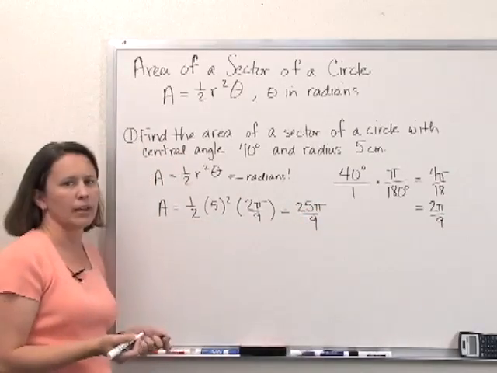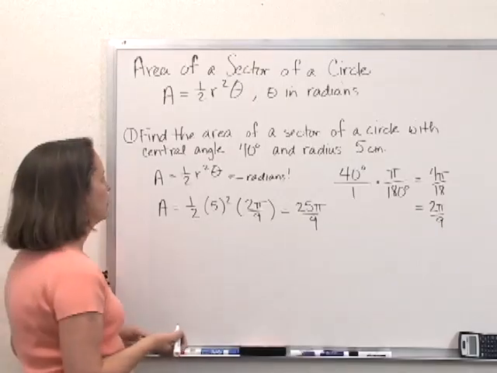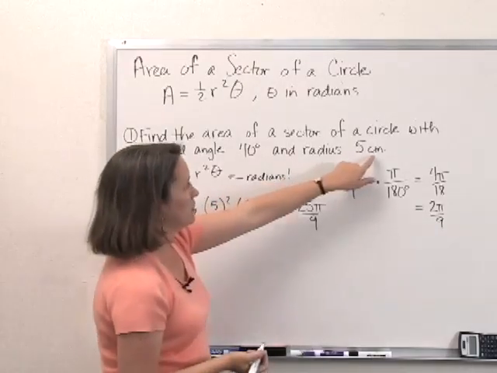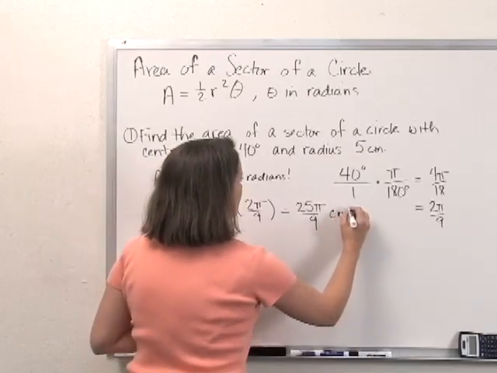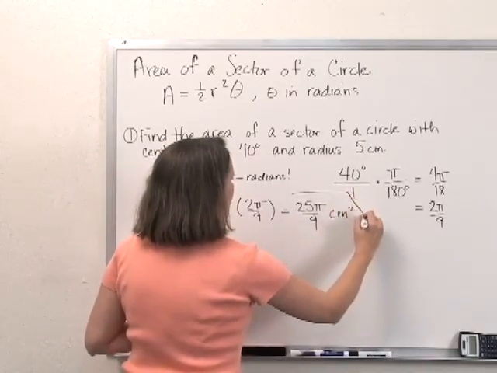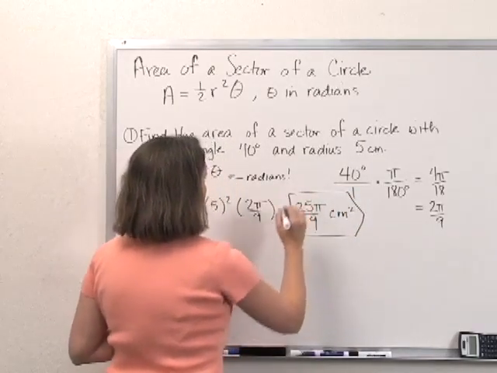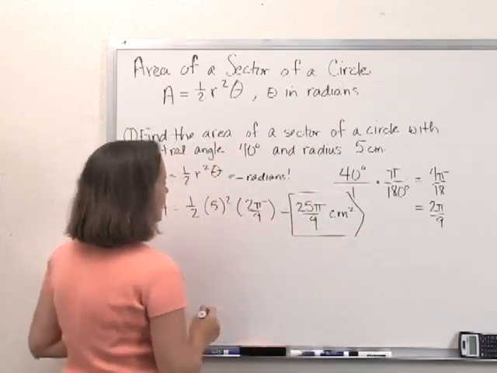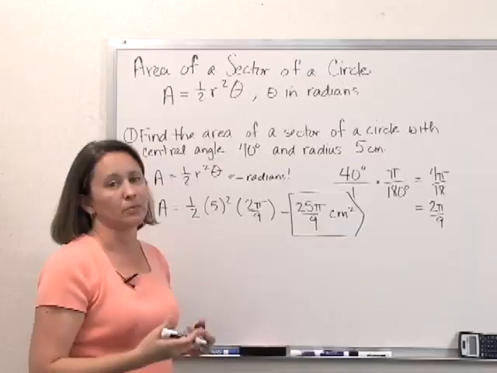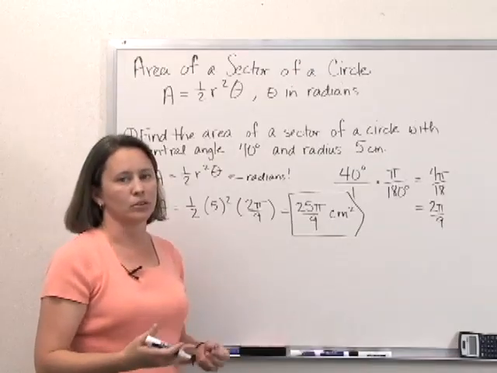What kind of units would the area of the sector have? The radius is given in centimeters, so area should be in square centimeters. This is an exact version of our answer. Sometimes you're asked to approximate your answer to 1 or 2 decimal places.